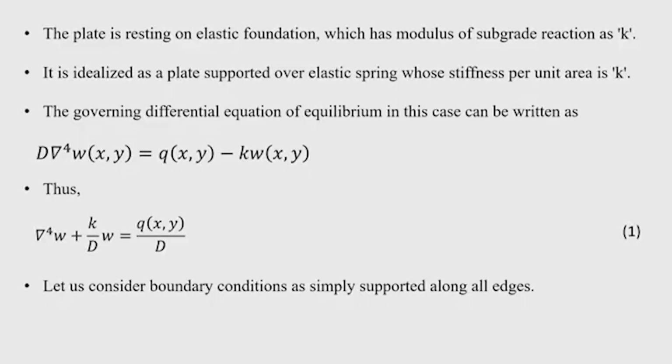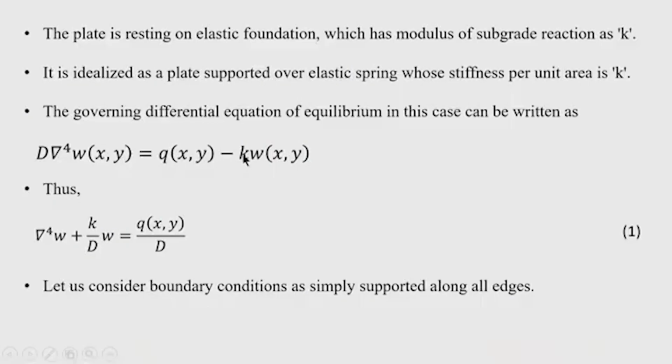So, you have seen that due to reduction of the net loading q minus k W, we can write the differential equation in modified form. D is the flexural rigidity of the plate, which is equal to E h cube divided by 12 into 1 minus mu square, where mu is the Poisson ratio of the plate, and D del 4 W equals q minus k W.